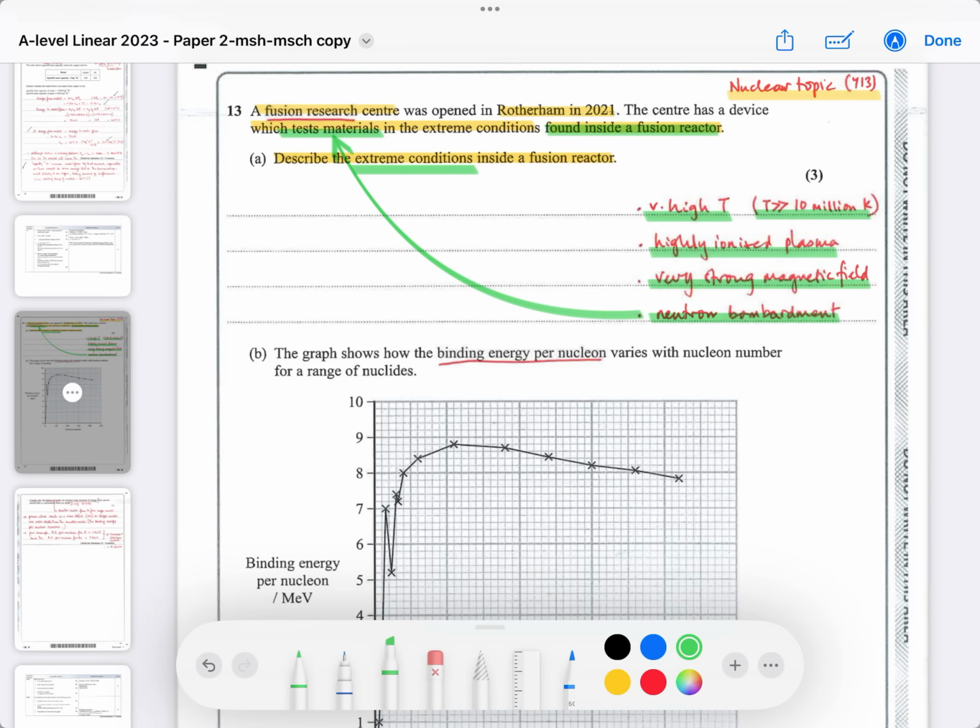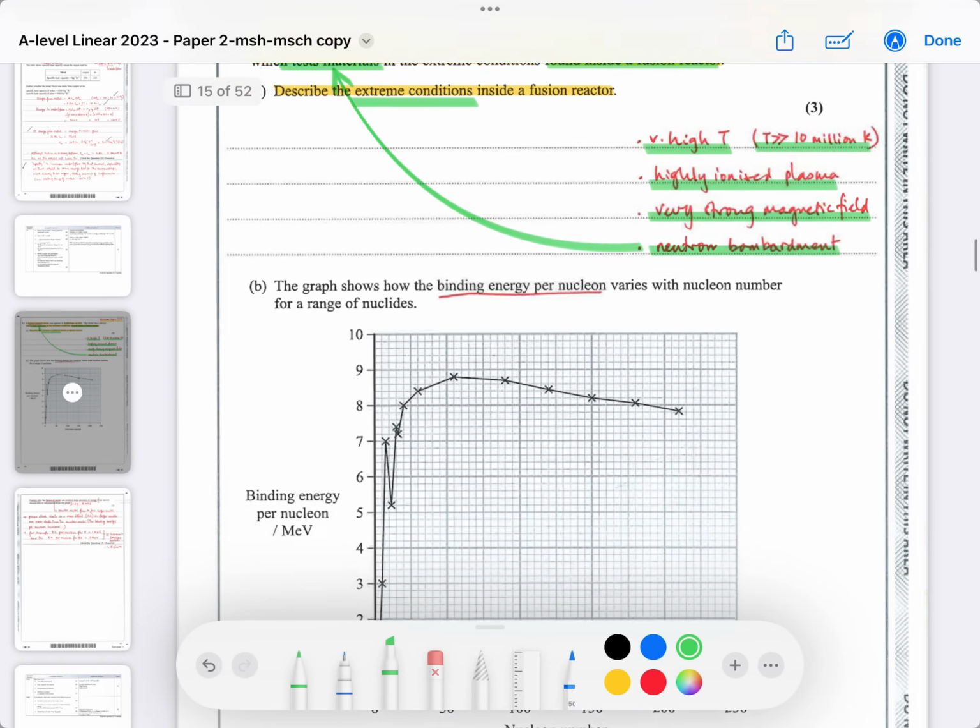You want to create energy, but in the process, because there's so many highly energized neutrons firing around, they can't be contained by the strong magnetic field because they're not charged particles, so they're going to be able to go through the magnetic field without being deflected, and they would hit the materials that they're testing, which are part of the structure of the fusion reactor.